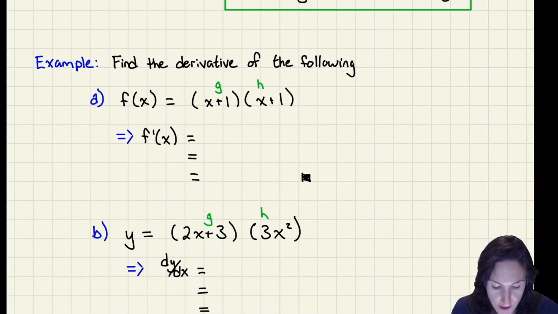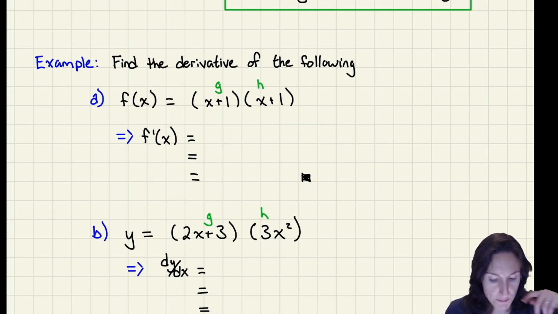So say we have a function times a function. So this would be like our g and this would be our h. What I'm going to do is write out my formula first.